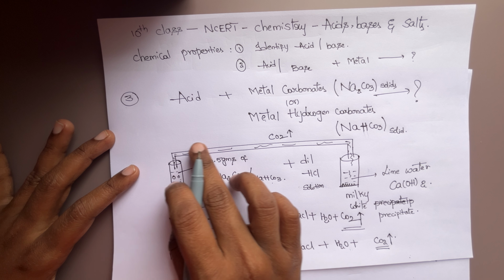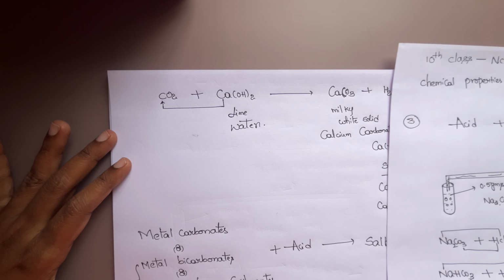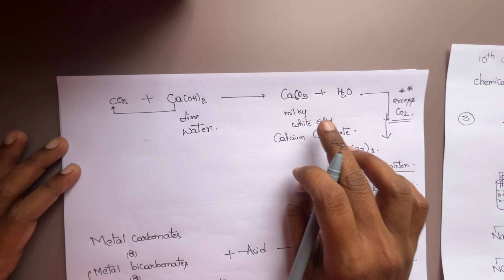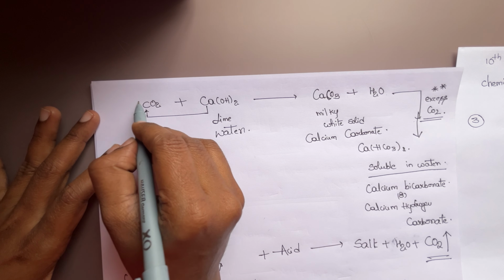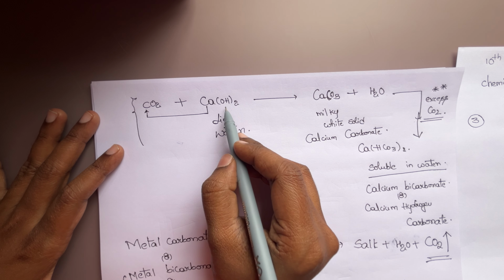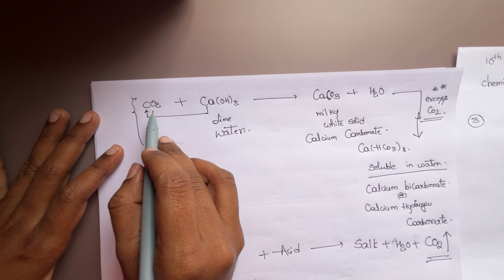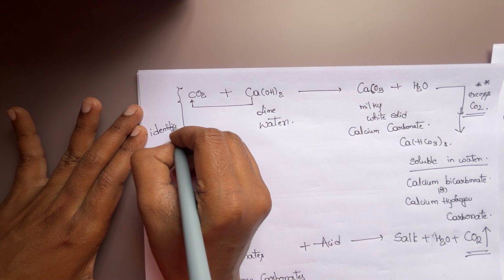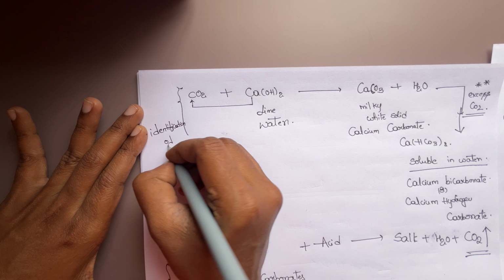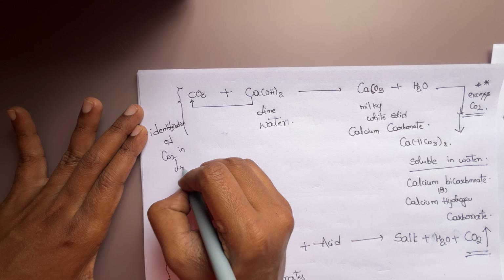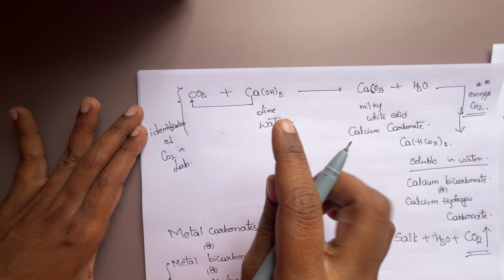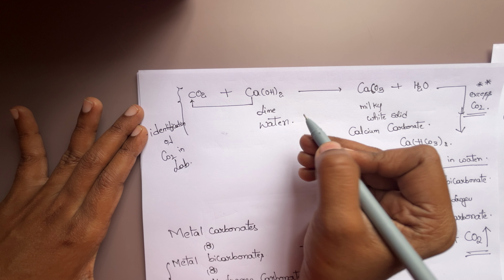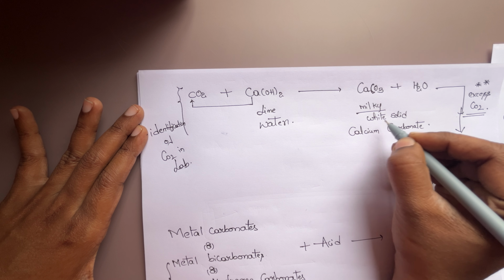Whenever we send this gas into the lime water beaker, it forms a milky white solid. A very important point is that calcium hydroxide reacting with carbon dioxide to produce milky white is used in the identification of carbon dioxide in the lab. To identify whether the gas is carbon dioxide or not, we just add that gas to the lime water, and immediately milky white is produced.